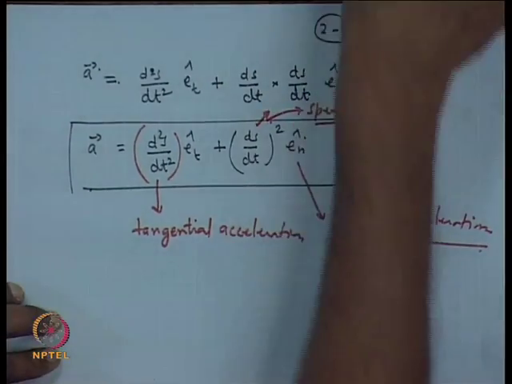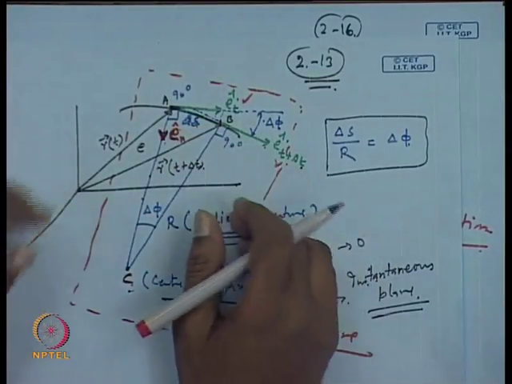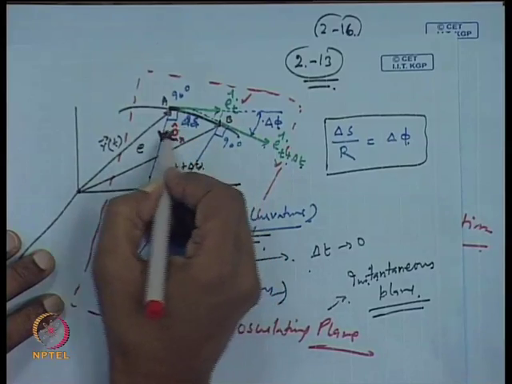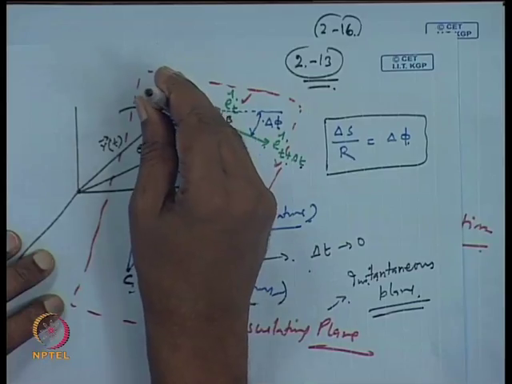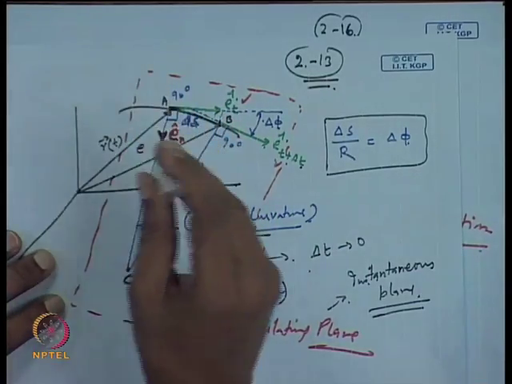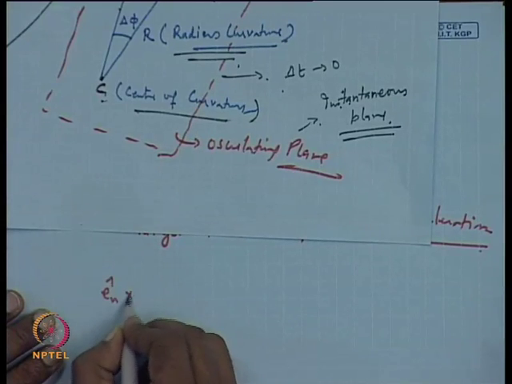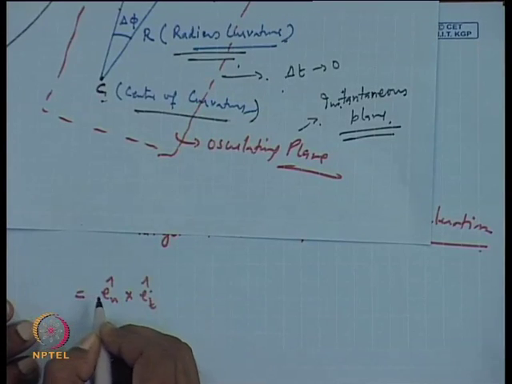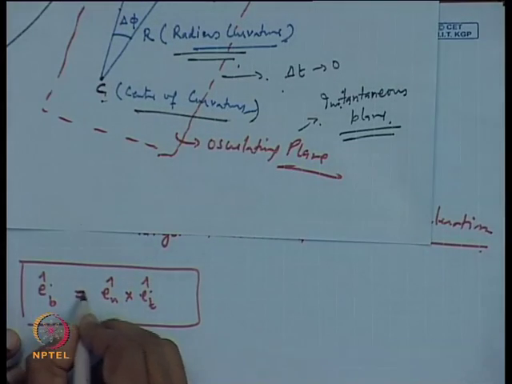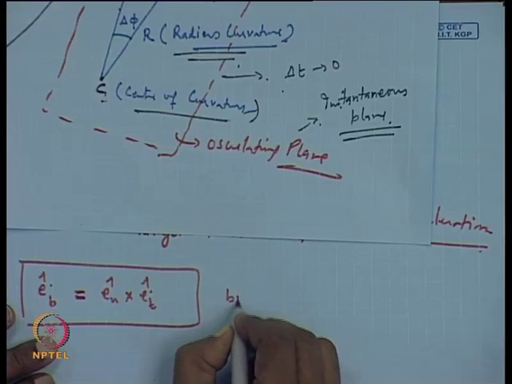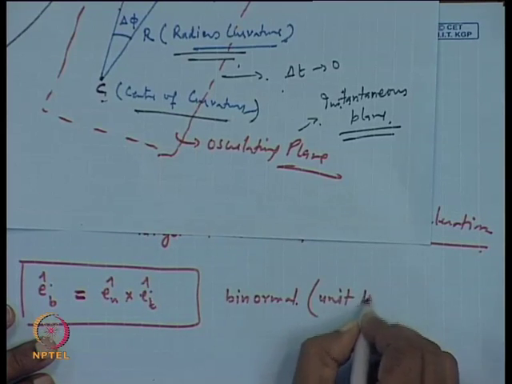And now you can see from here, if we take the product E_n cross E_t, it will be a vector perpendicular to this plane, called the binormal vector. So, E_n cap cross E_t, we can represent as E_b, and this is called the binormal vector, and this is also a unit vector.